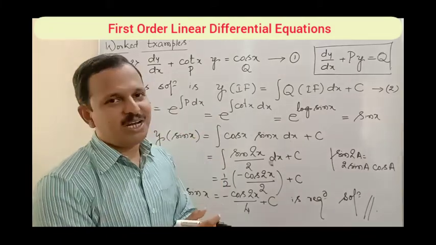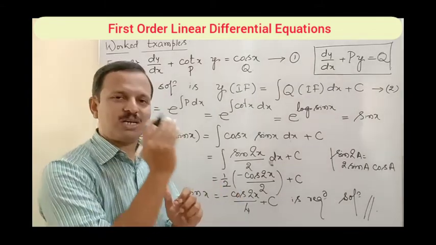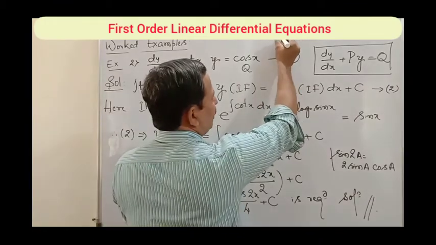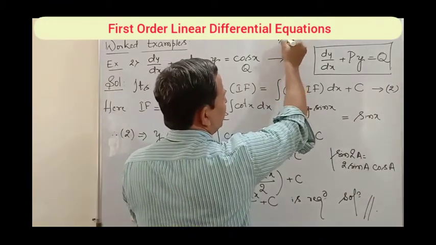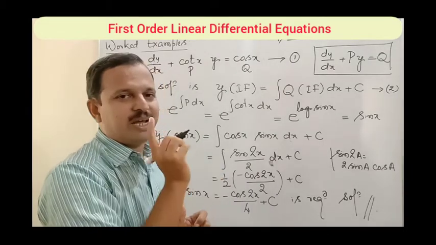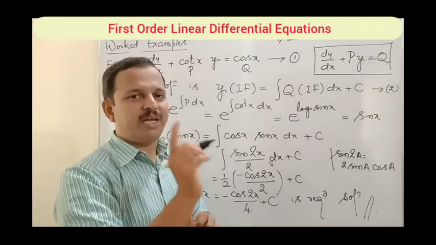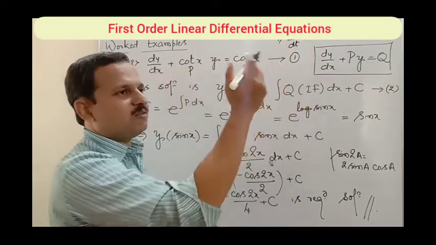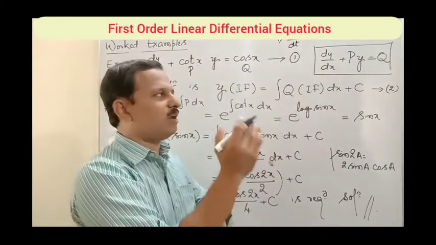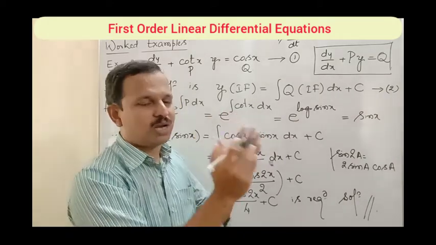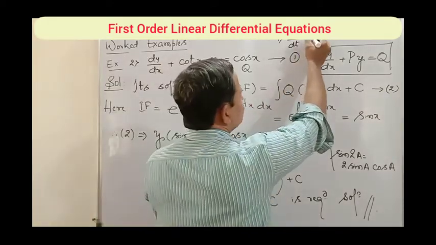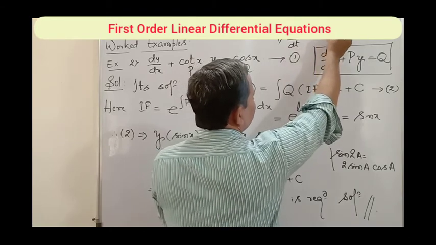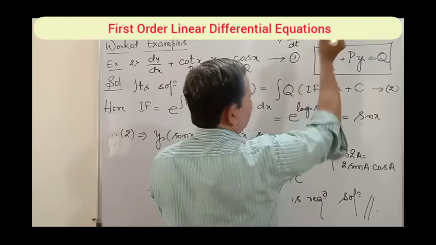Newton's law of cooling tells us that the rate of change of temperature of a body, that is if we consider T as temperature, dT by dt, the rate of change of T with respect to time, is directly proportional to the difference of the temperature of the body and the temperature of the surrounding.